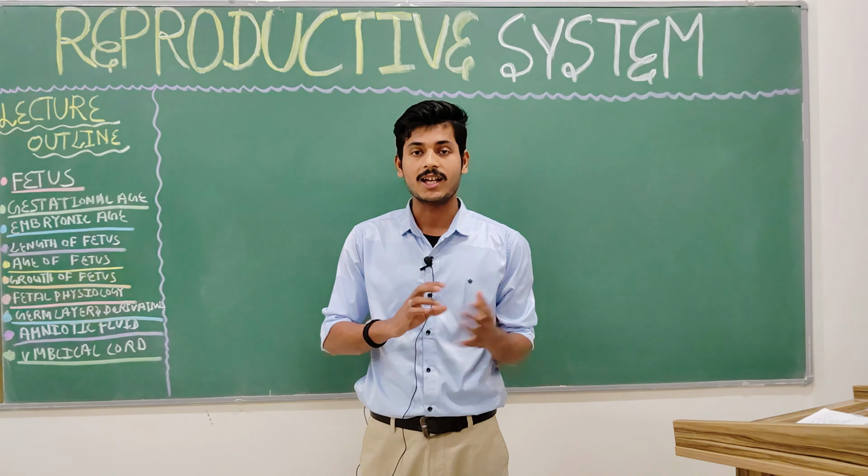Then we will see the growth of the fetus and fetal physiology. We already saw that maternal physiology changes during pregnancy; today we will discuss how fetal physiology develops. Then we will see the germ layers and their derivatives, amniotic fluid, and the umbilical cord. So this is today's lecture outline.